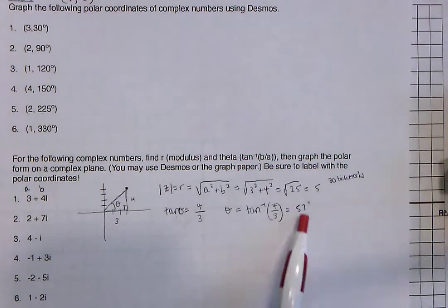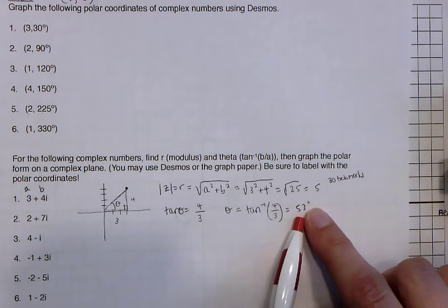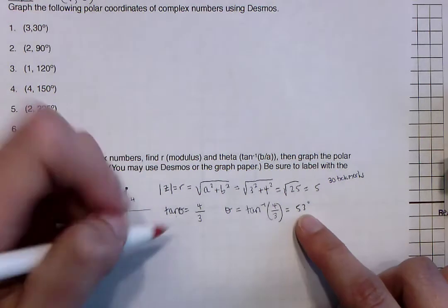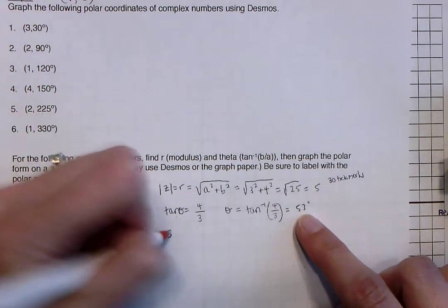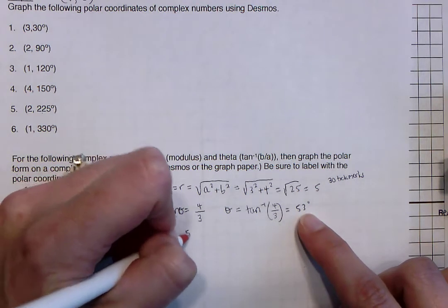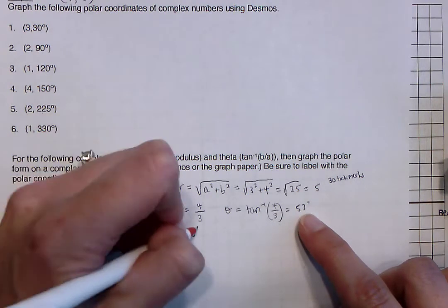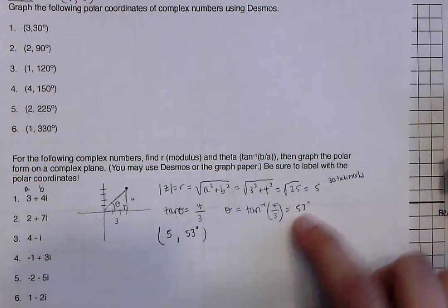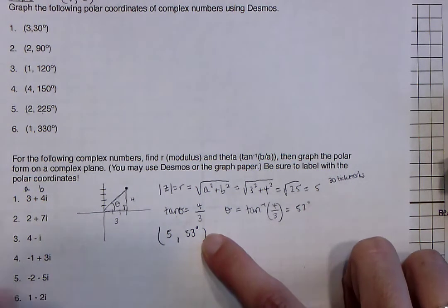So now I should measure out 53 degrees, and it should be about 30 tick marks. But if I were to write this in polar form, it would be, remember, the radius, comma, and then theta. So that's really the polar form right there. It's one way of writing it.